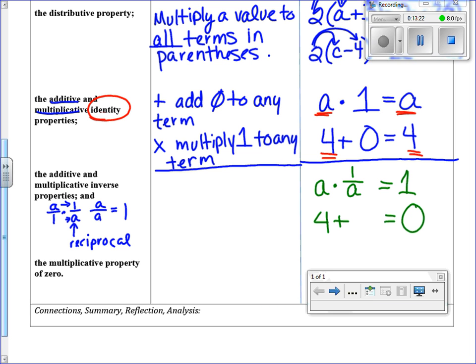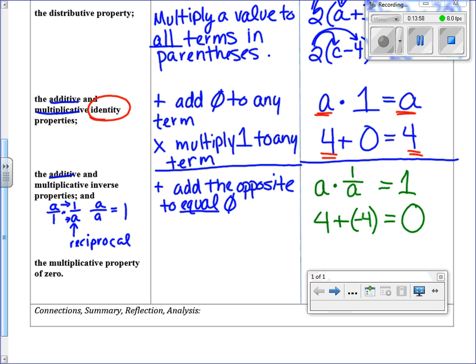Now I want to add the inverse of 4. Inverse means opposite. So the opposite of positive 4 is negative 4. And that's how I get 0. So for the additive inverse, you would add the opposite to equal 0.